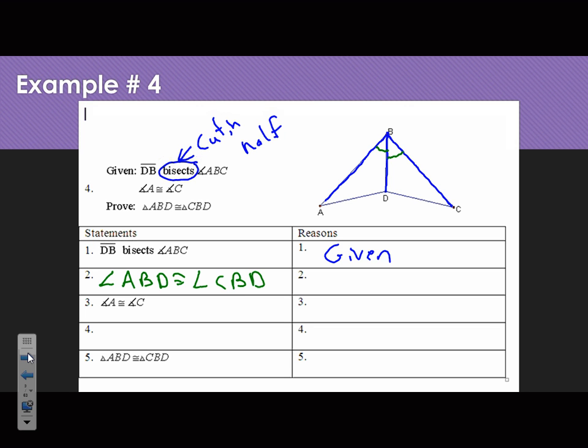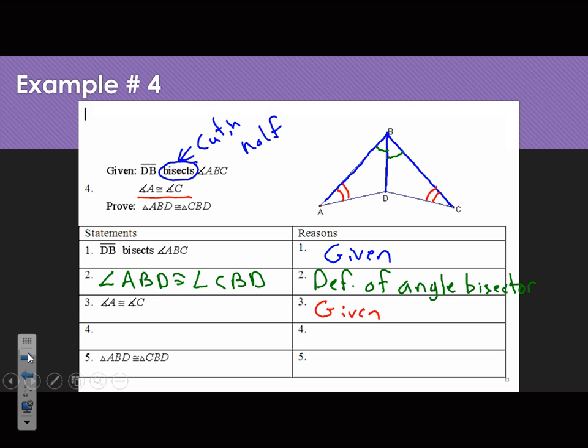Now this time we're going to put definition of, now we're not putting a segment, we're putting an angle, so we're going to put angle bisector. Moving on, it says it's given to us, so we're going to write given. Angle A is congruent to angle C. Put that in there.